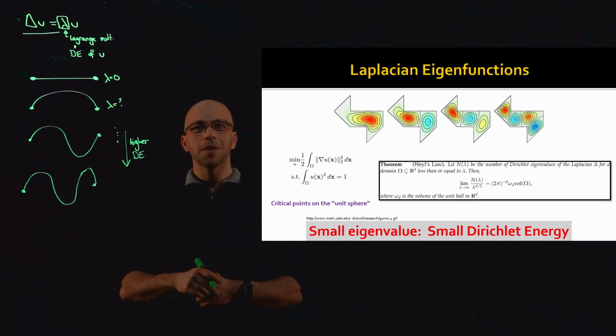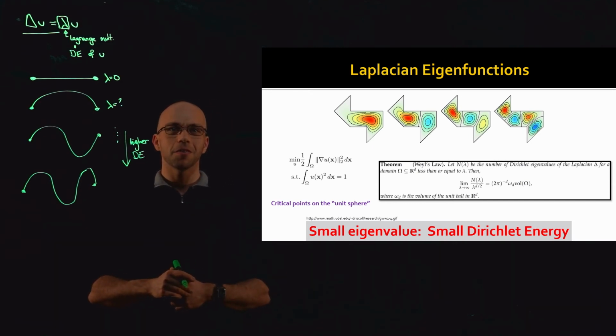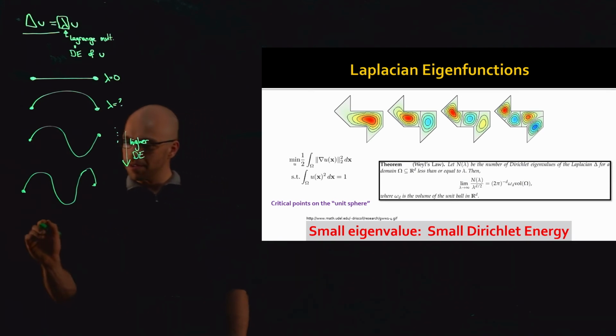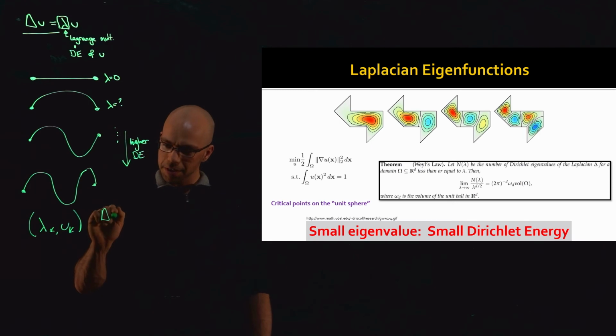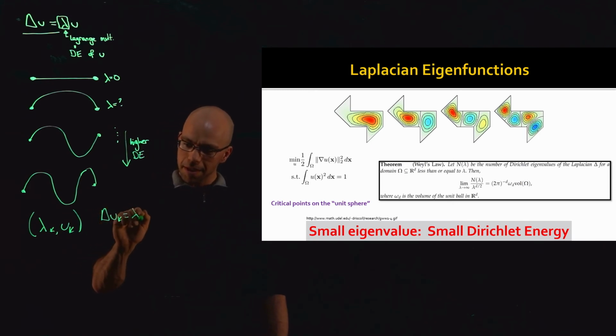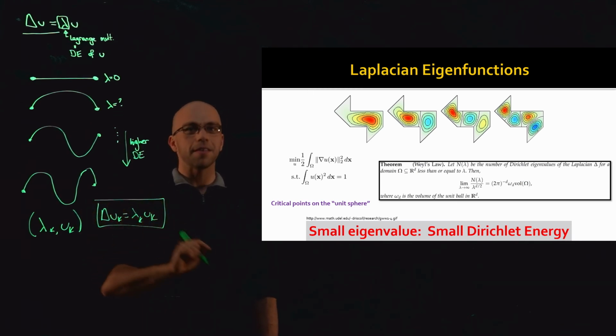Now, one thing that we can do is look at the whole sequence of eigenvalues. So there's actually infinitely many of them when you have a region like this. So in other words, there's a bunch of pairs lambda k, uk with the constraint that the Laplacian of uk equals lambda k times uk, like that. And we can sort them by increasing lambda.